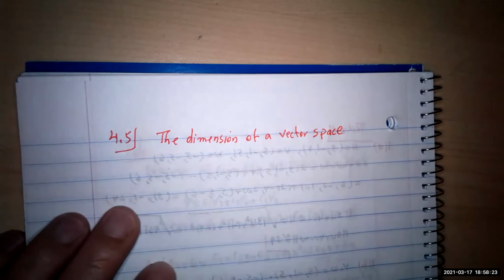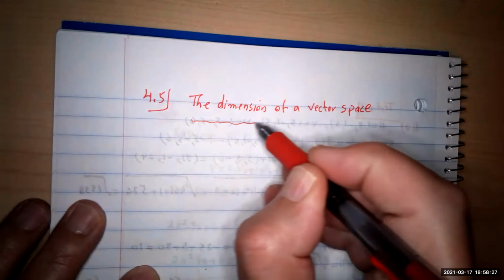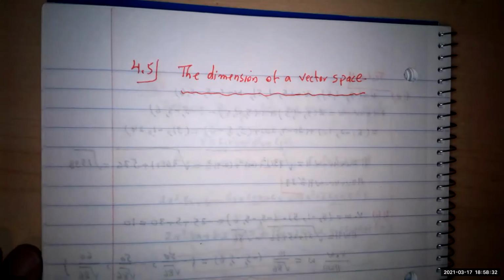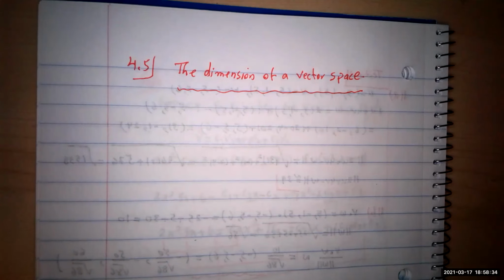Now, when it's a Euclidean space, R2, R3, we usually talk about the dimension, but we haven't defined it. So what do you mean by the dimension? We are going to use a basis for defining the dimension of a vector space. We already talked about the basis.